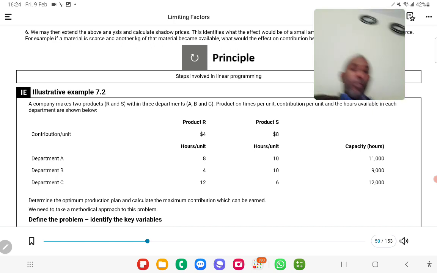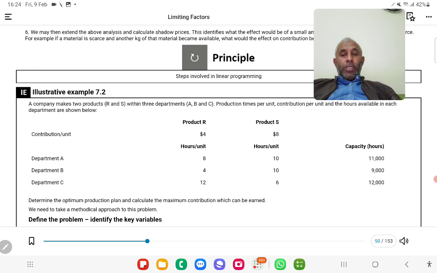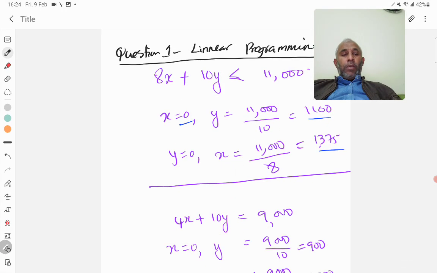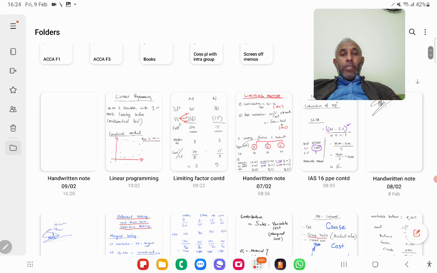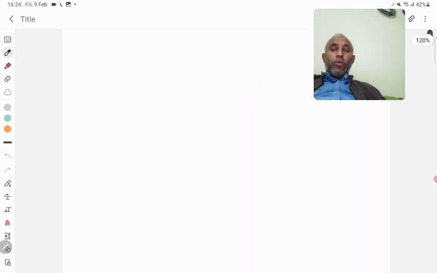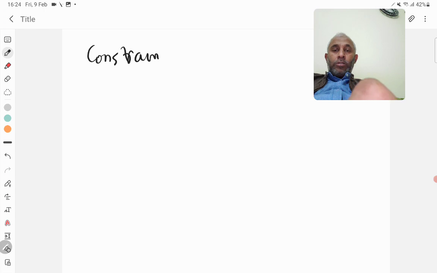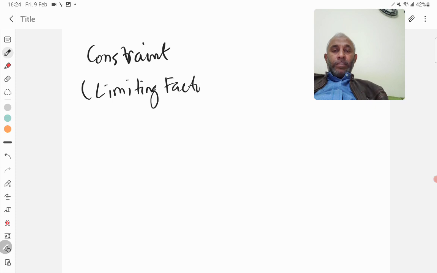Now, in answering this question, we should follow something called linear programming. In doing linear programming, we need to understand that it is a question based on constraints, in other words, limiting factors.